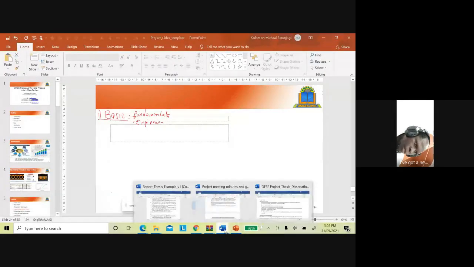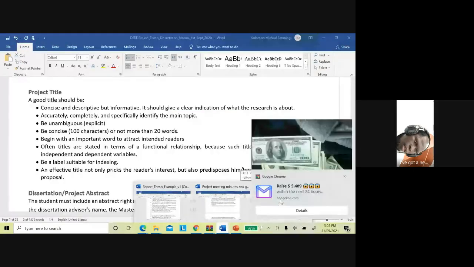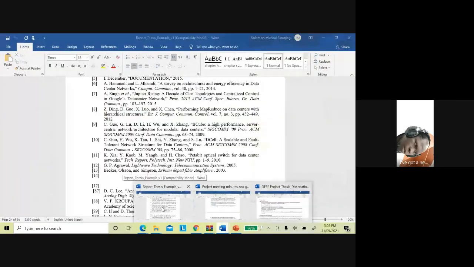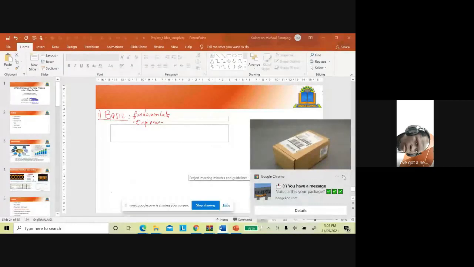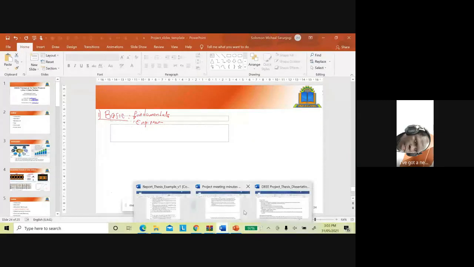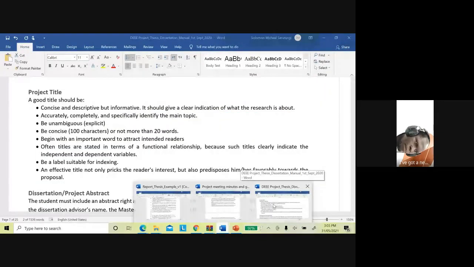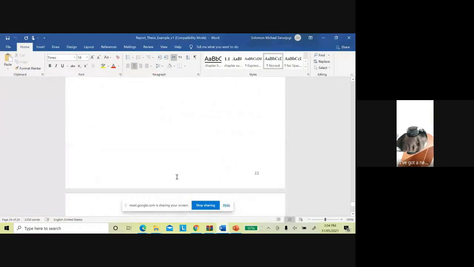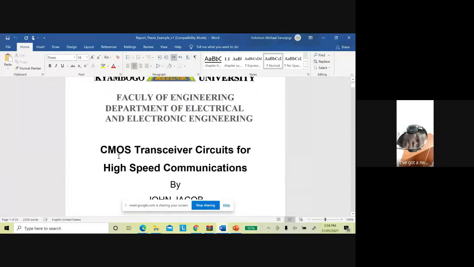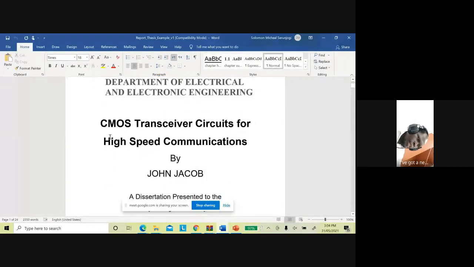So let me start with... So assuming that John Jacob has successfully come to the end of his journey, and he has developed a project entitled CMOS Transceiver Circuits for High-Speed Communication.